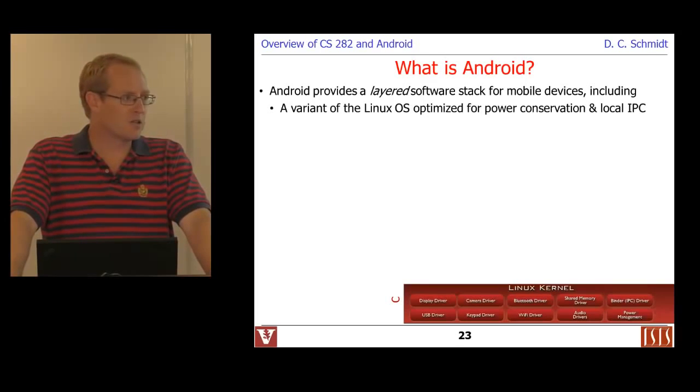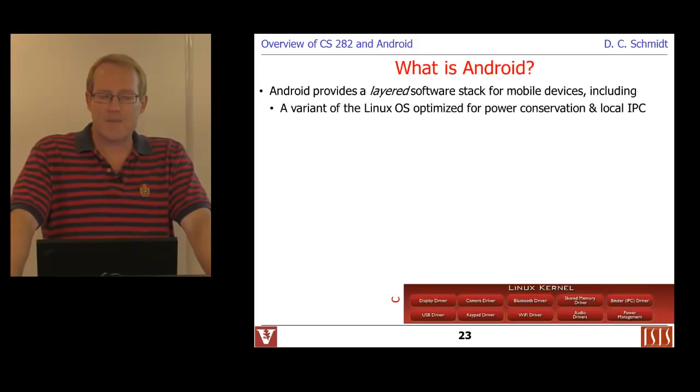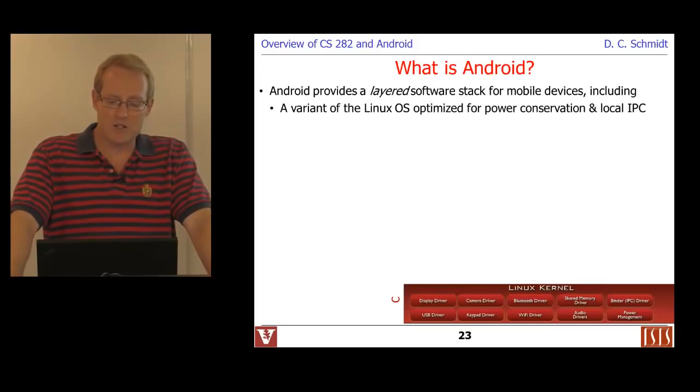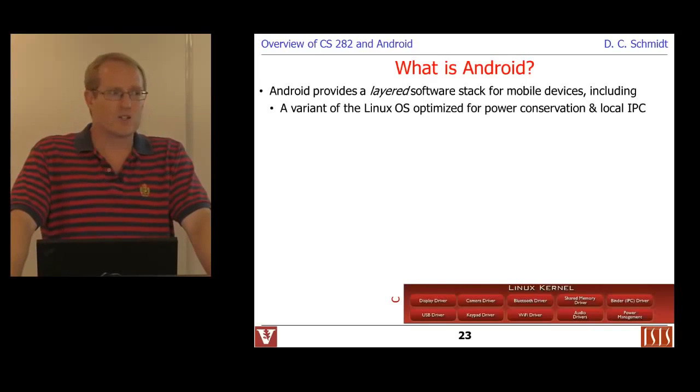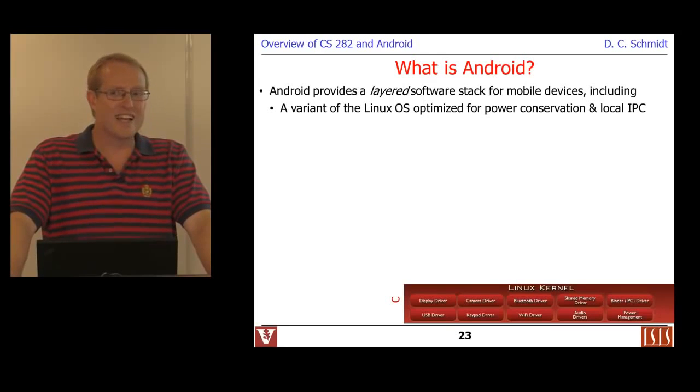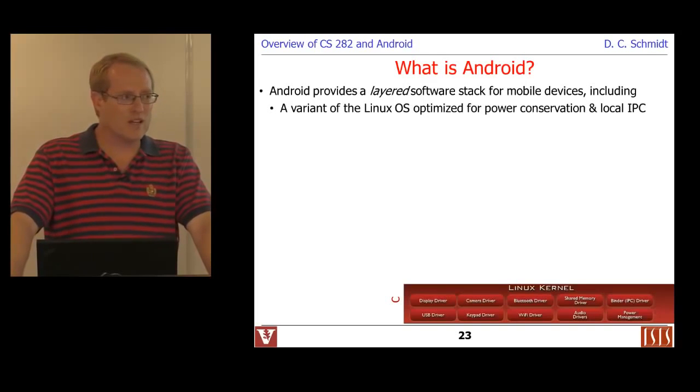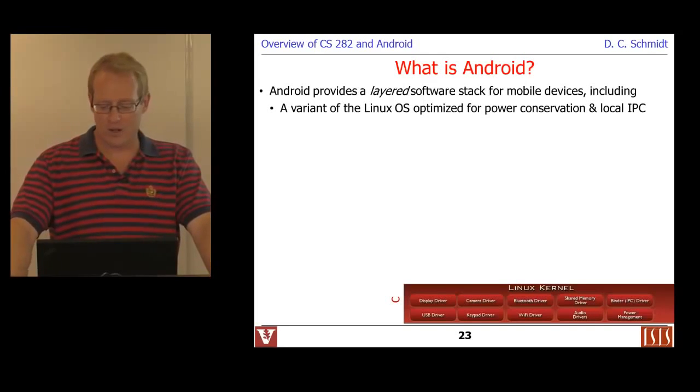There's a lot of stuff in there about trying to add certain capabilities that are optimized for device process-to-process communication, because that's a big important thing in Android because of the way the architecture works. So local inter-process communication is a big deal. Power management is a big deal. Trying to reduce footprint is a big deal. And so that's kind of the way that they tweaked Linux in order to work in that environment.